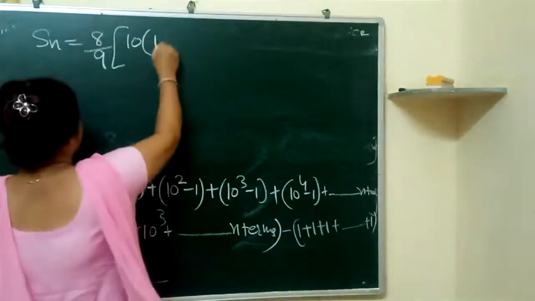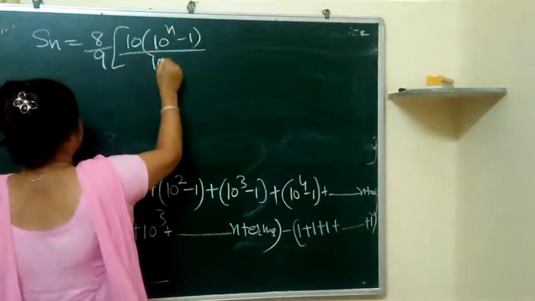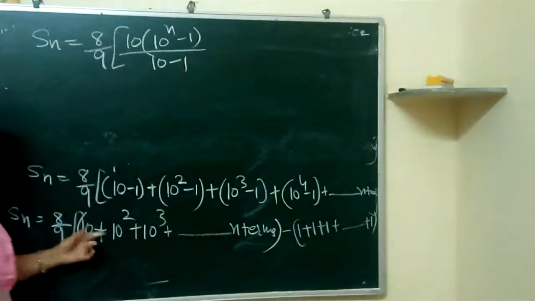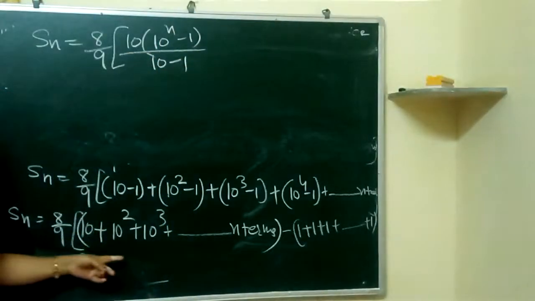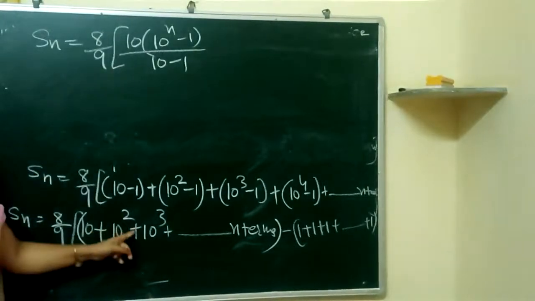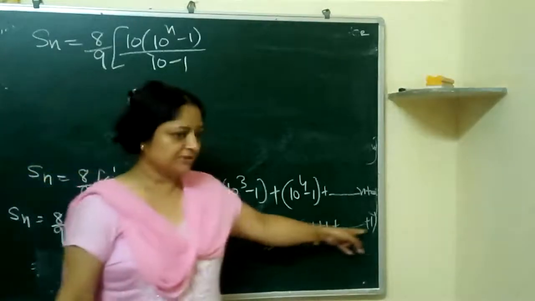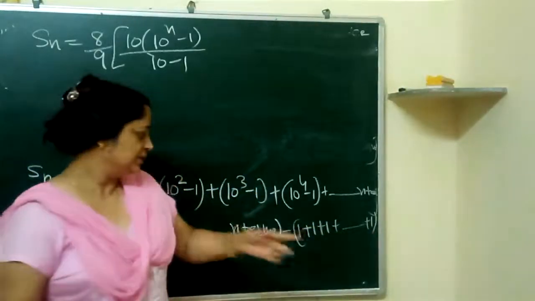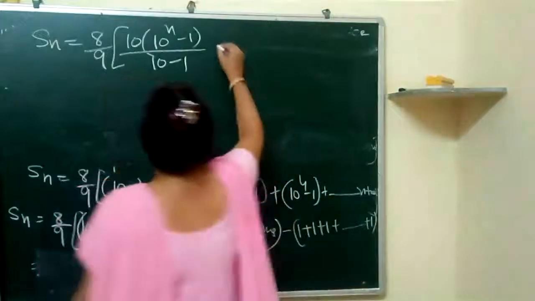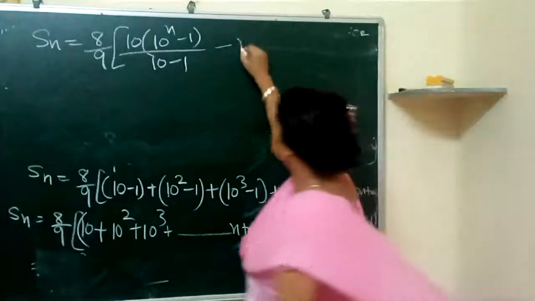So 10 into 10 raised to power n minus 1 upon 10 minus 1, because the sum of the GP is A into R raised to power n minus 1 upon R minus 1. Similarly, 1 plus 1 plus up to 1, n terms are coming, so we can write minus 1 into n, that is n terms.